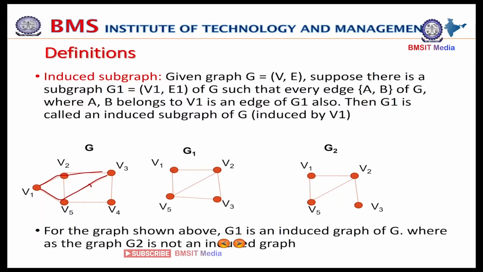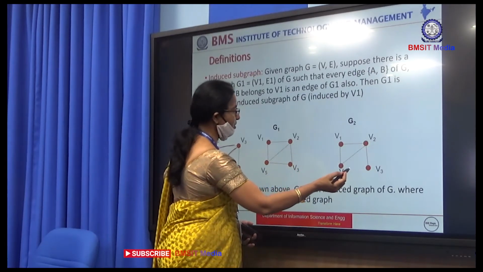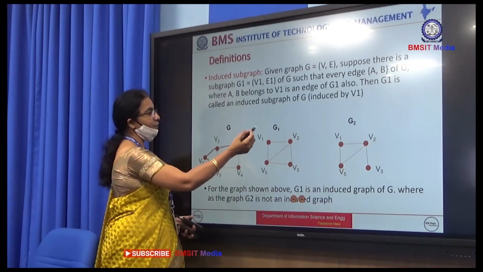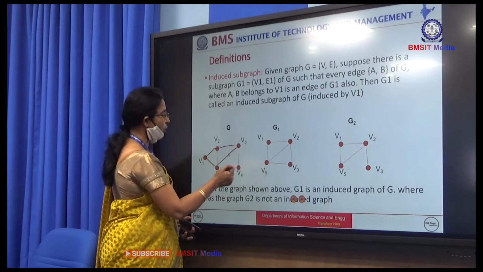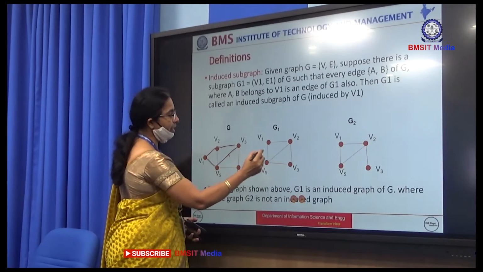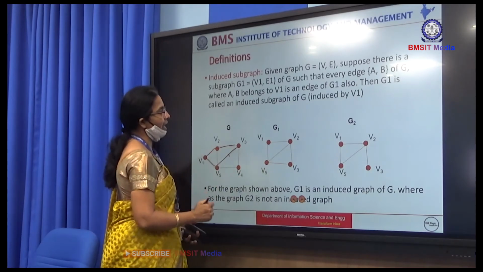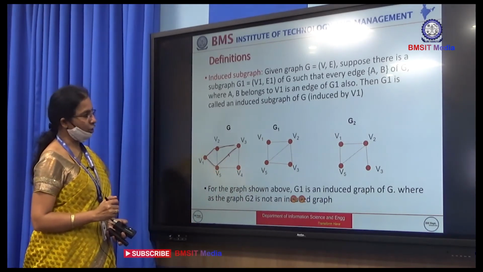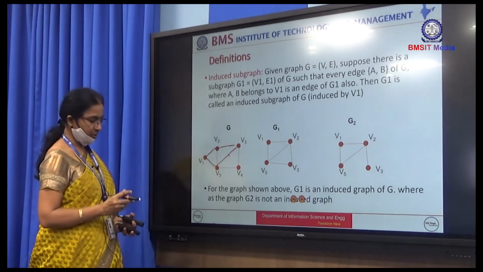So this graph G2 is not an induced graph because the edges are missing, whereas the graph G1 is called an induced graph because all the edges related to these vertices have been induced in graph G1. So I can call graph G1 an induced graph and G2 is not an induced graph.